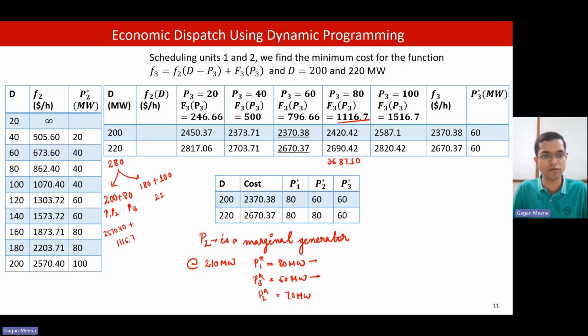Here it is 2203.71 plus 1516.70. 2203.71 plus 1516.70 is 3720.41. The minimum cost is 3687.10, and P3 comes out to be 80 here.